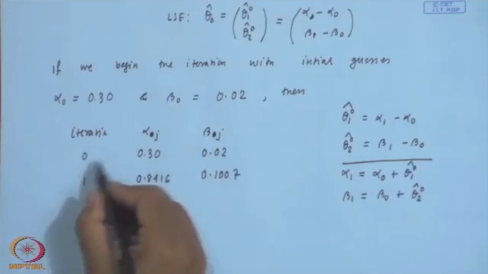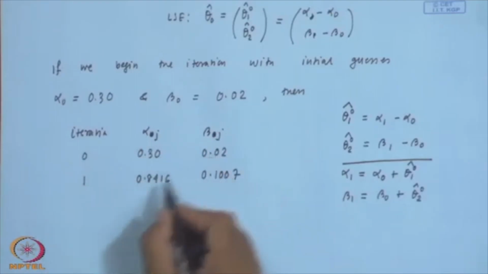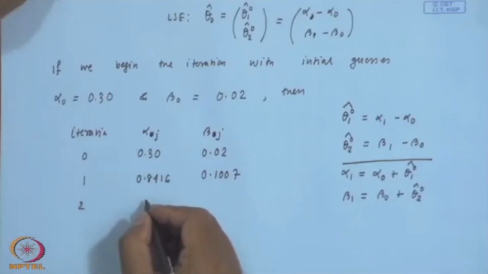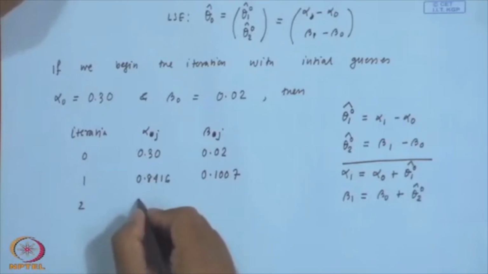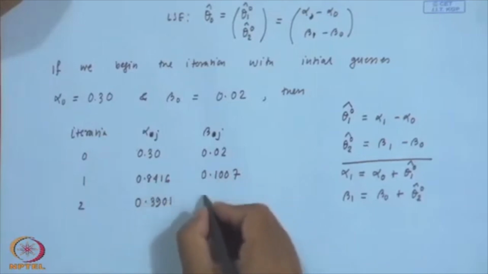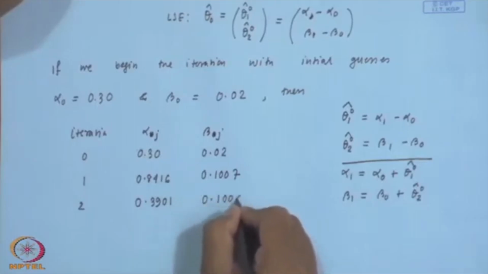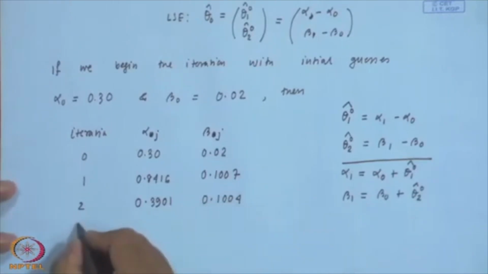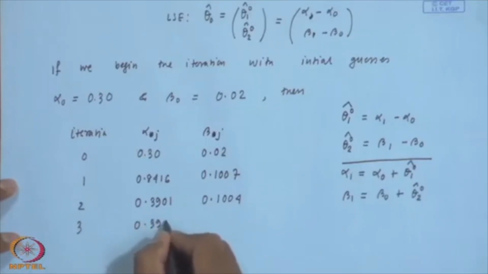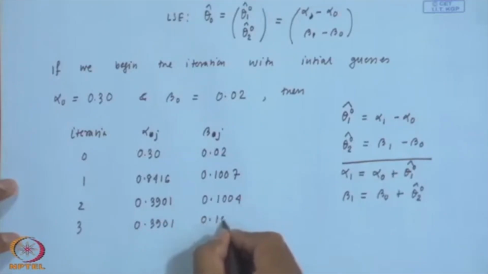In the first, 0th iteration this is alpha naught beta naught, alpha 1 beta 1, and in the next iteration you can check that the value of alpha 2 will be 0.3901 and beta 2 will be 0.1004. The third iteration it will be 0.3901 and here it is 0.1016.